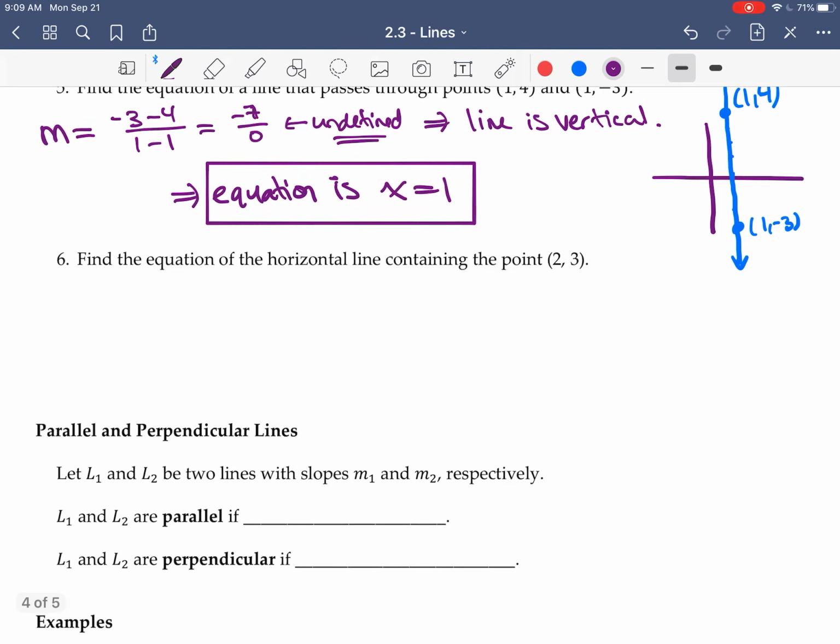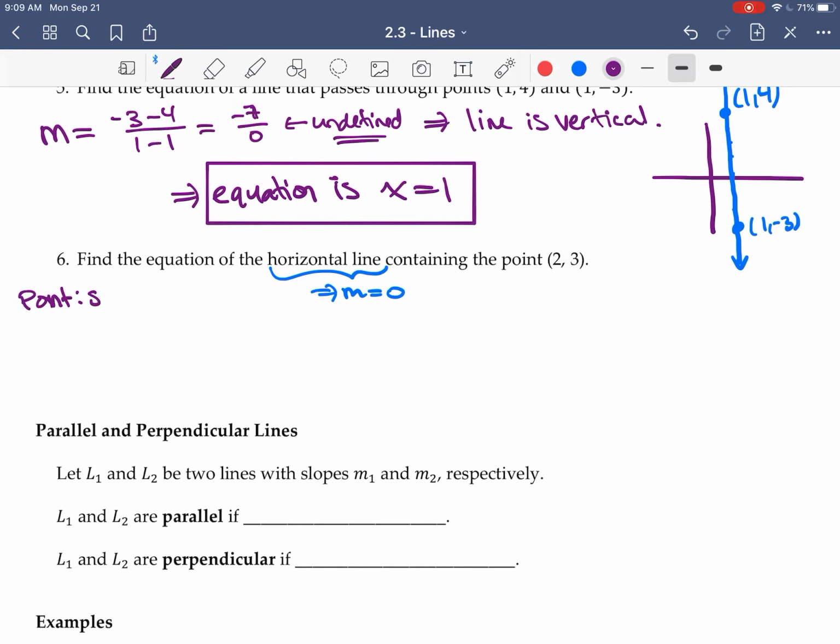Okay, so now this one tells us it's a horizontal line. So horizontal, so this part here tells us that m equals 0. And it contains the point 2, 3. So you could use the point slope form, or you could just realize that you're always going to have y value of 3.